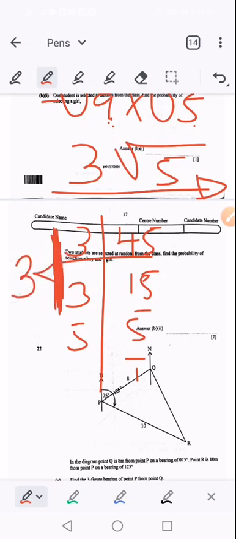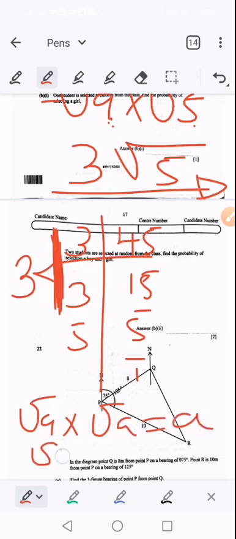Because of my laws of surds, it says root a times root a is equal to a, then root b times root b is equal to b.